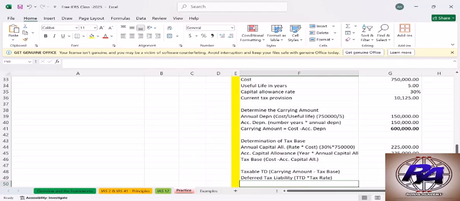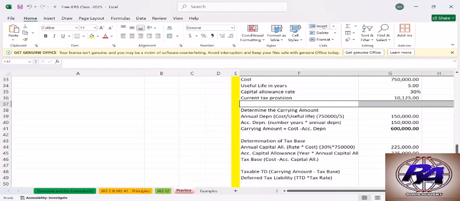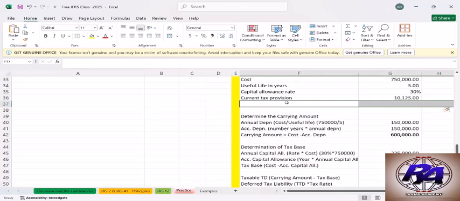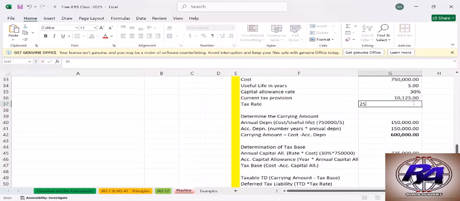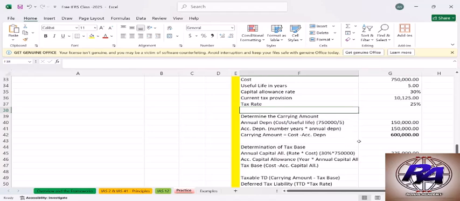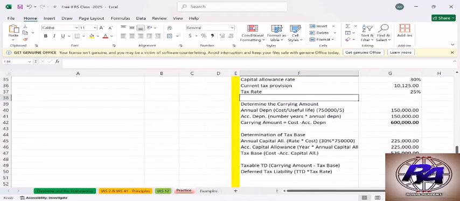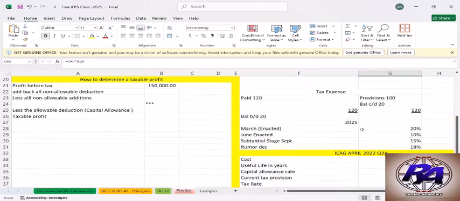So you see, it's an approach one by one, right? Let me add one column to it. Let me put here our tax rate to be 25%. All right, so this is how to get the deferred tax. You need to give a note.